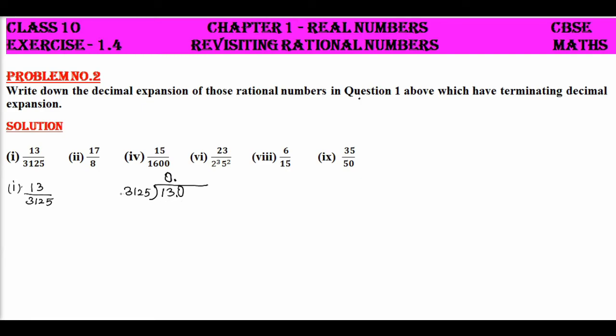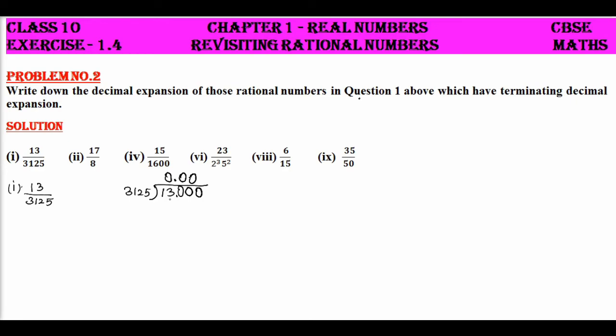Still, 130 we cannot divide by 3125, so take one more 0 in the quotient. Now proceed with including another 0, 1300. Again, this cannot be divided by 3125, so we put a 0 in the quotient again and include one more 0 and proceed with the division.